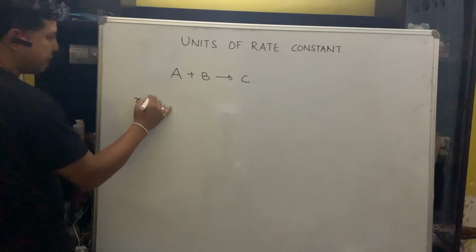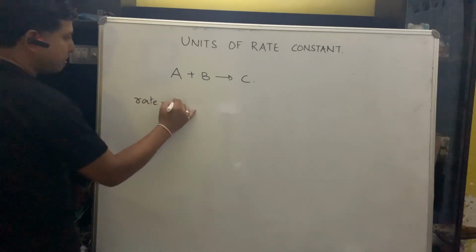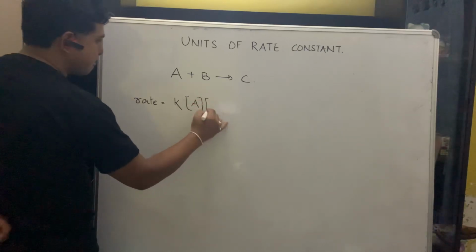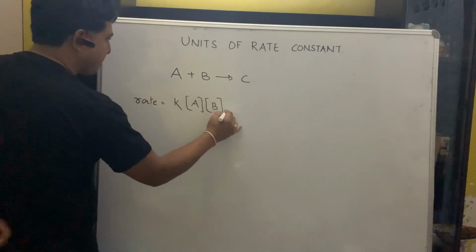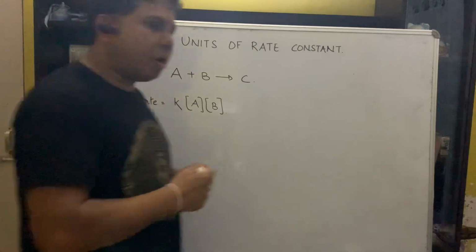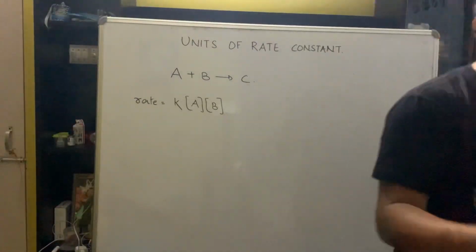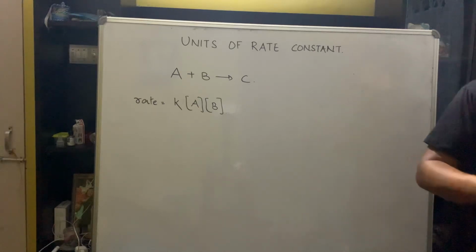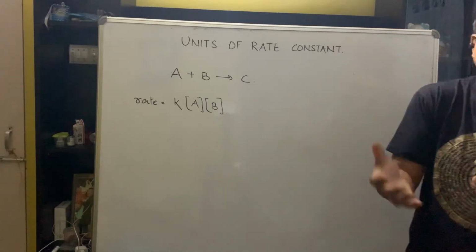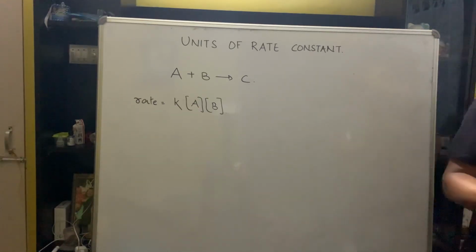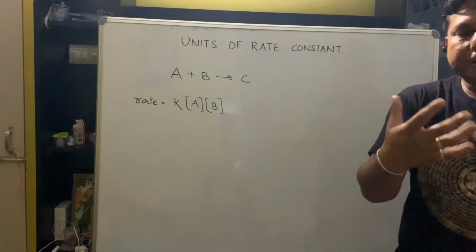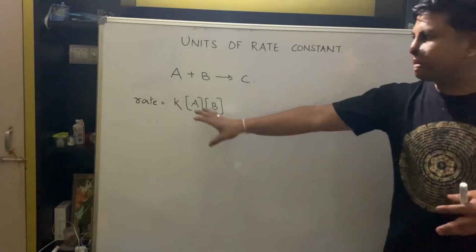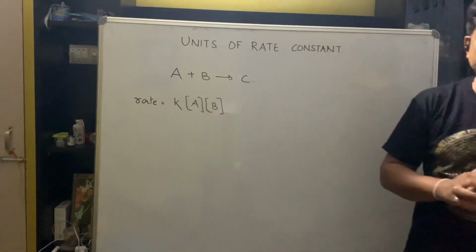The rate will be equal to K times concentration of A times concentration of B. In order to write the rate law expression, we need experimental data, because the rate law expression gives us the actual dependence of rate as determined experimentally. Here nothing is given, so we'll just express the rate in terms of the law of mass action.